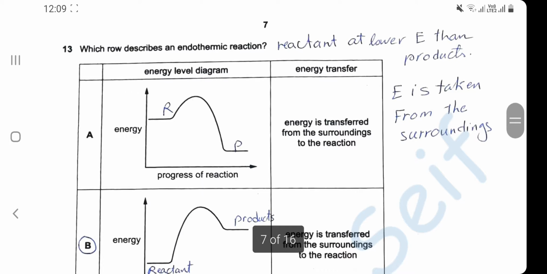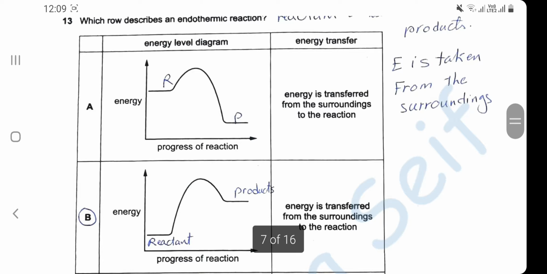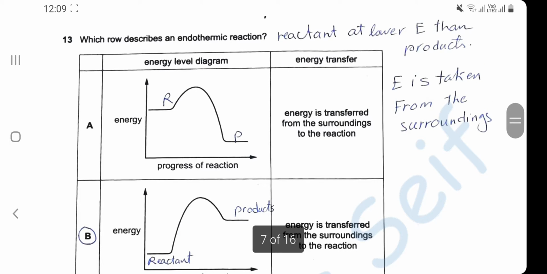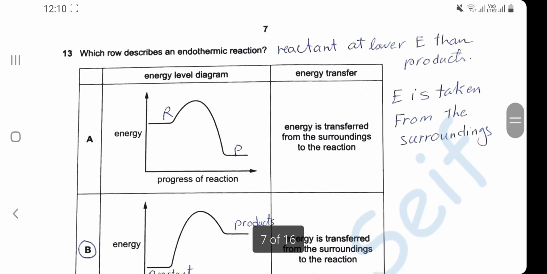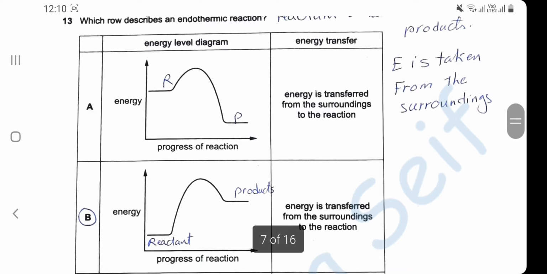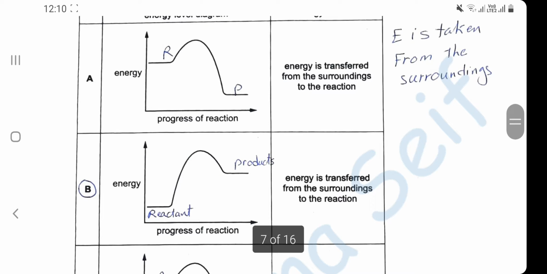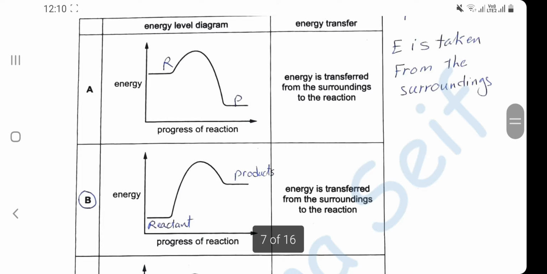The first two diagrams show the reactant at a higher energy level than the product. This is not correct because we said that the reactant is at a lower energy level. The second one here has the reactant at a lower energy level than the product, as shown in the diagram here. And in the other column, energy is transferred from the surroundings to the reaction.